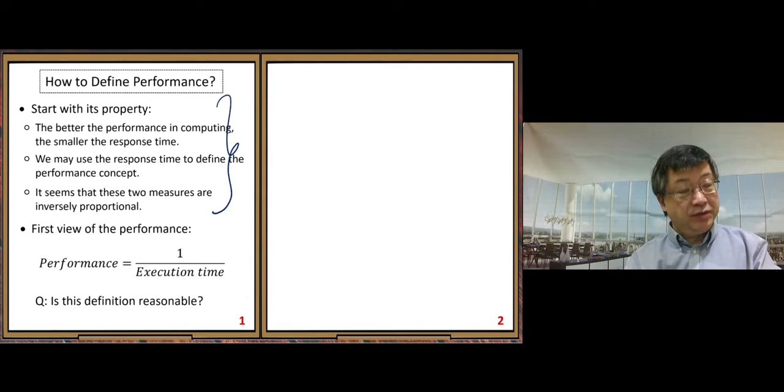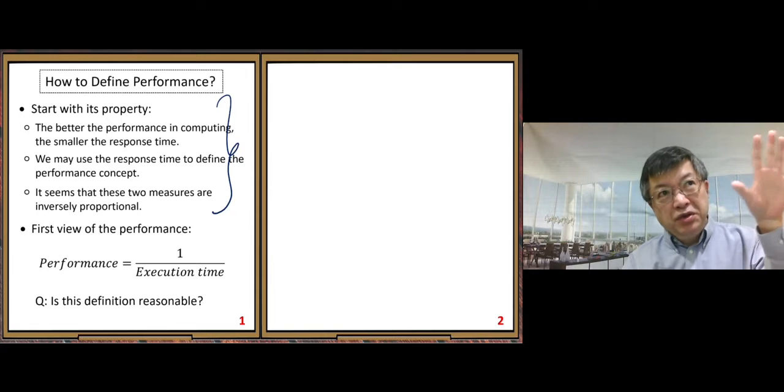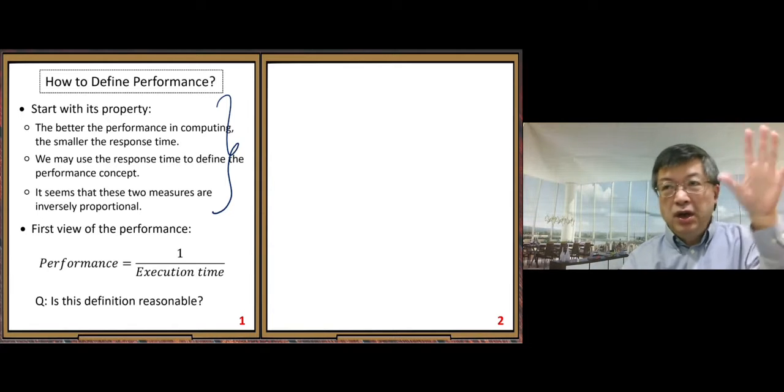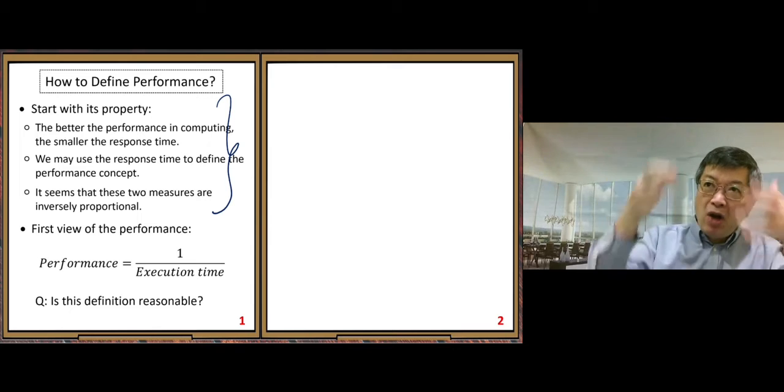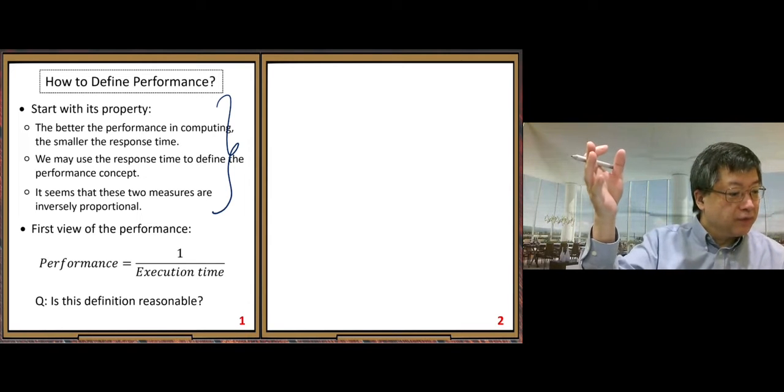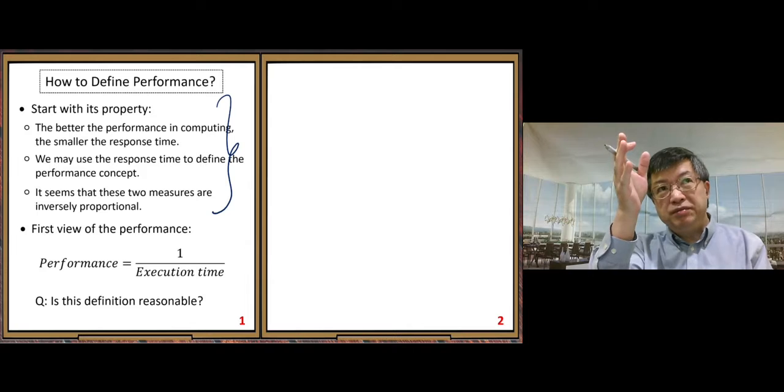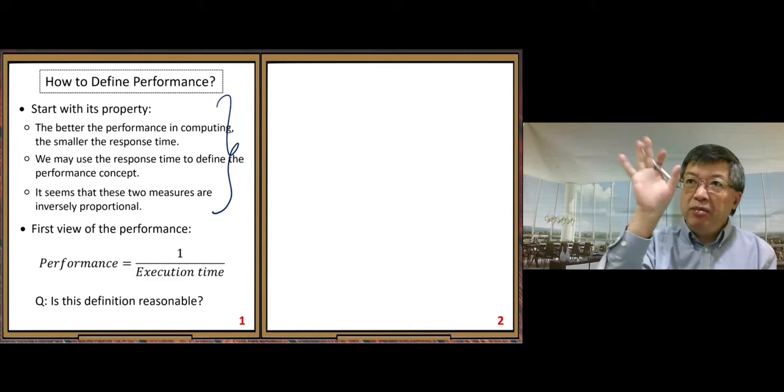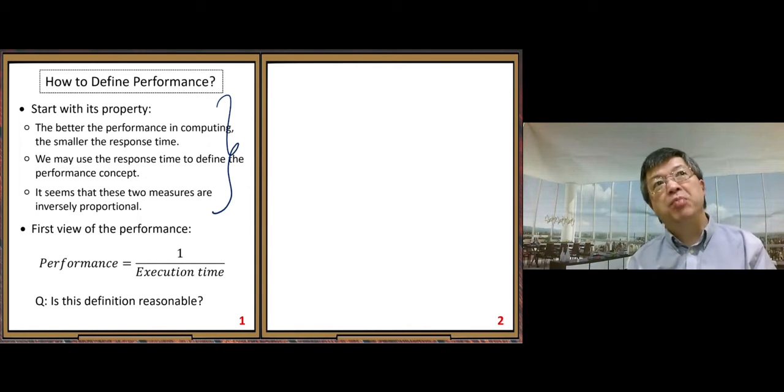Next question. Is this definition reasonable? Are we very happy with it? If you use it to try to understand the performance issue in computing, sooner or later you may have a problem.